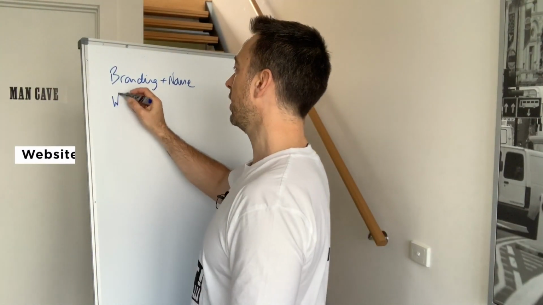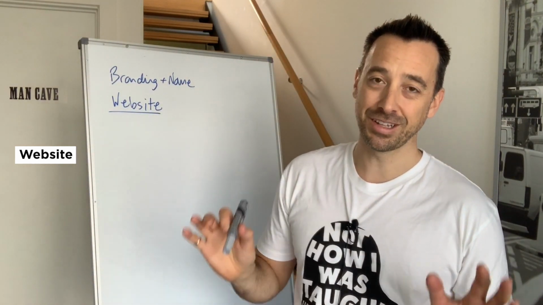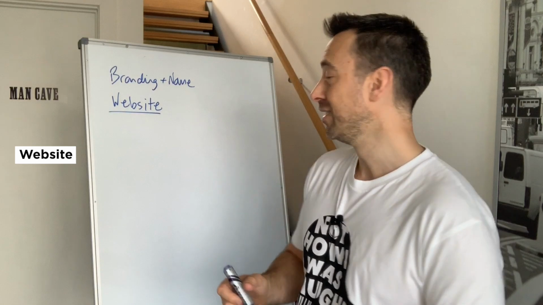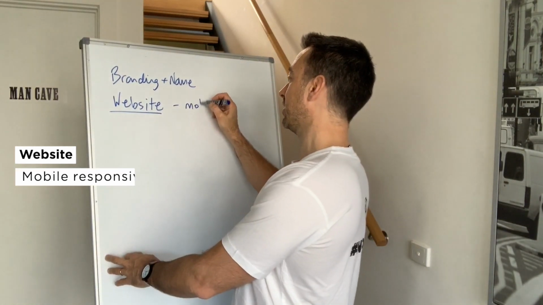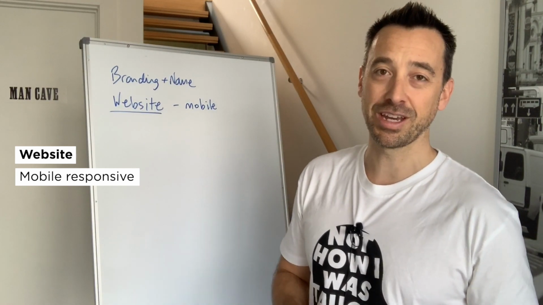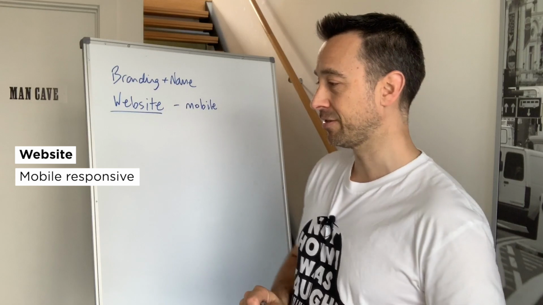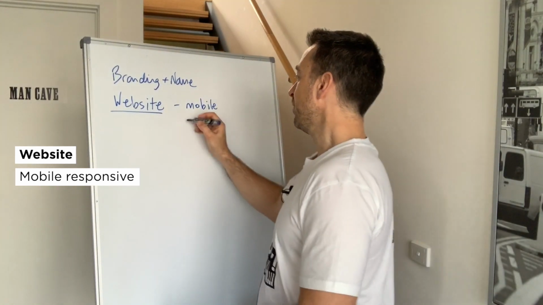All right, and then the next most important thing is that you've got a website. And you haven't just got a website, but it's a good website and it will convert. So we need to make sure that it's mobile responsive, because most of the traffic that's going to be coming to your website is probably being looked at on a mobile device of some sort. So that is so important.